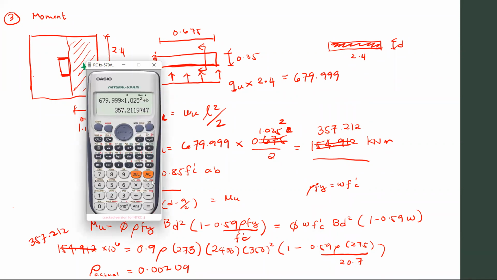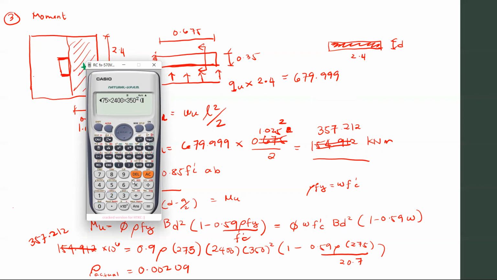Buti nakita mo. 357.212 times 10 raised to 6 equals to 0.9 rho x. Ito wala nang equals. Multiplied by 275 multiplied by 2,400 multiplied by 350 squared.